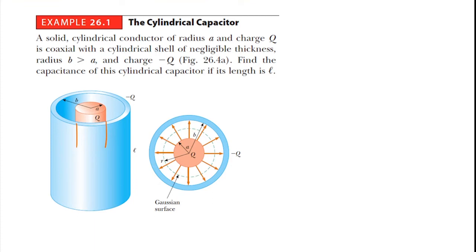And then I'm going to put a Gaussian surface like this in the middle of it. So this thing goes inside the surface like that, and then it sticks outside. You get it? So that's my Gaussian surface.